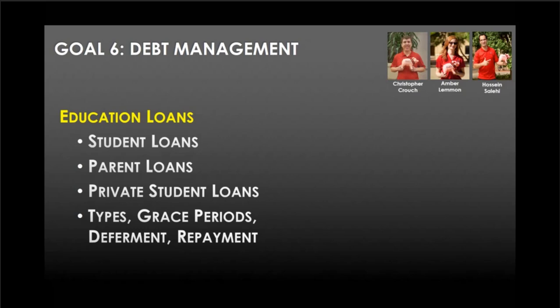Okay, the next type of loan is the parent loans. These are available more for parents who have the ability to pay for their children's college, maybe didn't take the time to save, so they can take out this loan and slowly pay it off as they go instead of paying all at once. The PLUS loan is available for graduate students and parents as well.